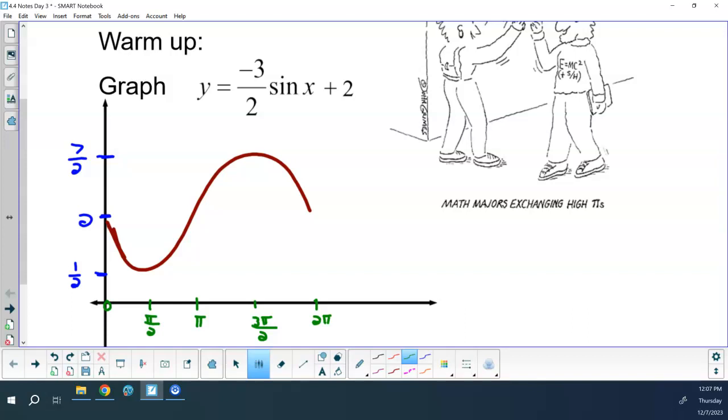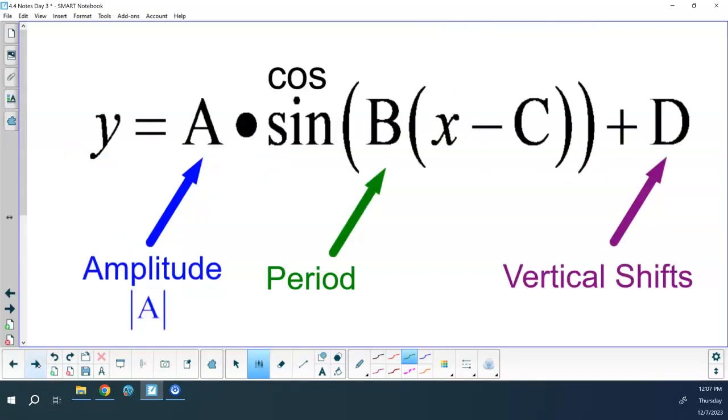Okay? So, yesterday we learned all about A's and D's. A's told us the vertical stretch, how it controls the high, the low, and the range.